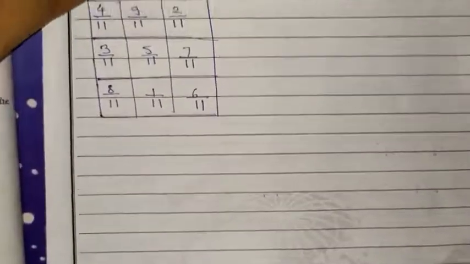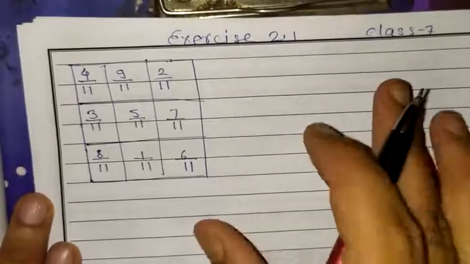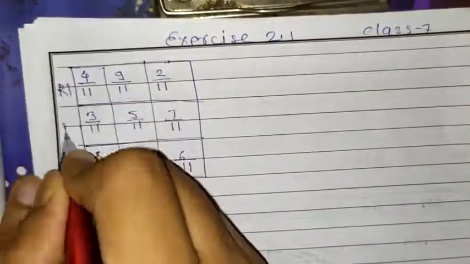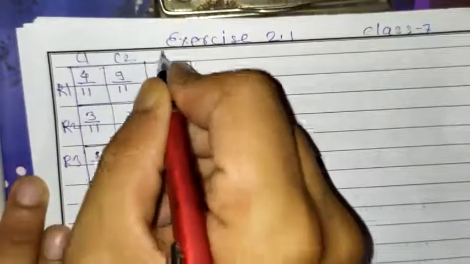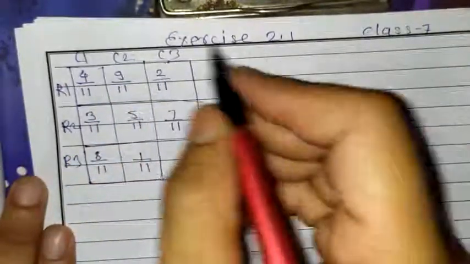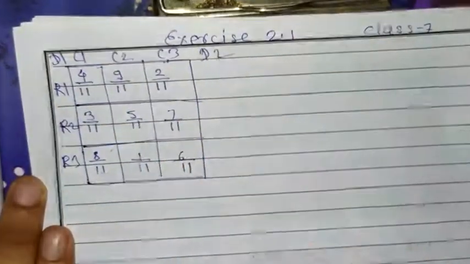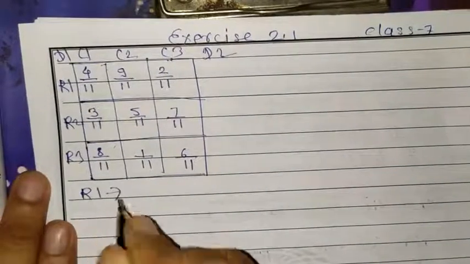Here in question number 3 of exercise 2.1, this one is row 1, row 2 and row 3, because row wise we will do the calculation. Column 1, column 2, column 3, and these values belong to diagonal 1, these values belong to diagonal 2.